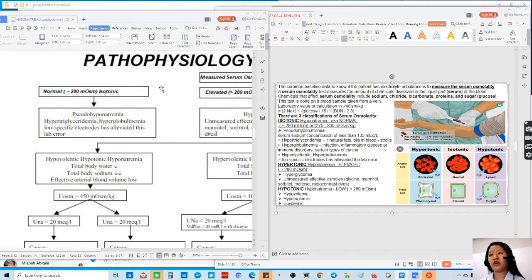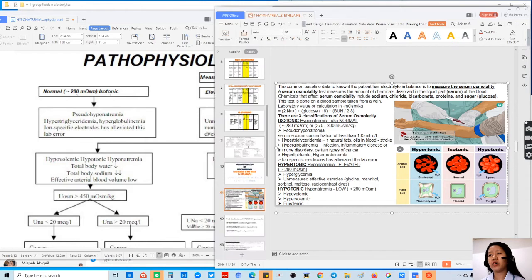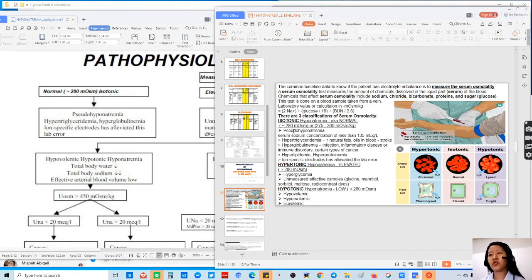Then under the normal or isotonic hyponatremia, it's pseudo-hyponatremia, a serum sodium concentration of less than 135 milliequivalents per liter. It is also due to hypertriglyceridemia, or increased natural fats, oils in blood, and risk for stroke.